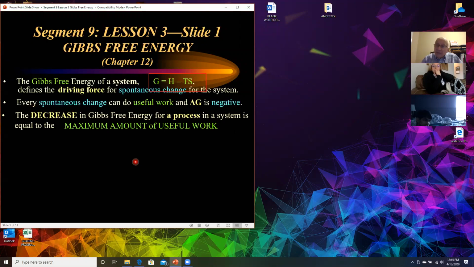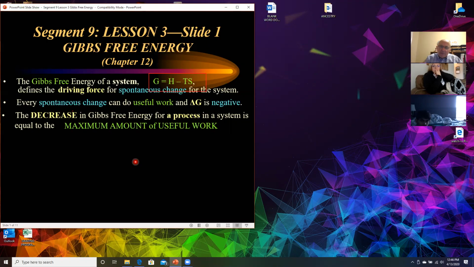So you can do the process that can do useful work, but you can do it in the lab in a way that it does no work at all. For example, when we talked about internal energy, the key to that whole discussion was that the internal energy change is the amount that you have to put into that system to make it take place.